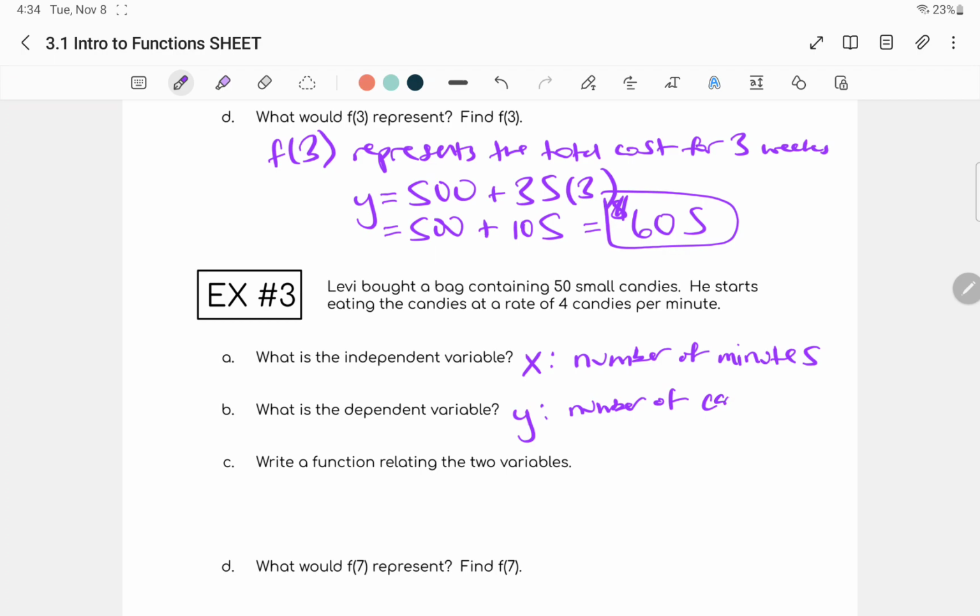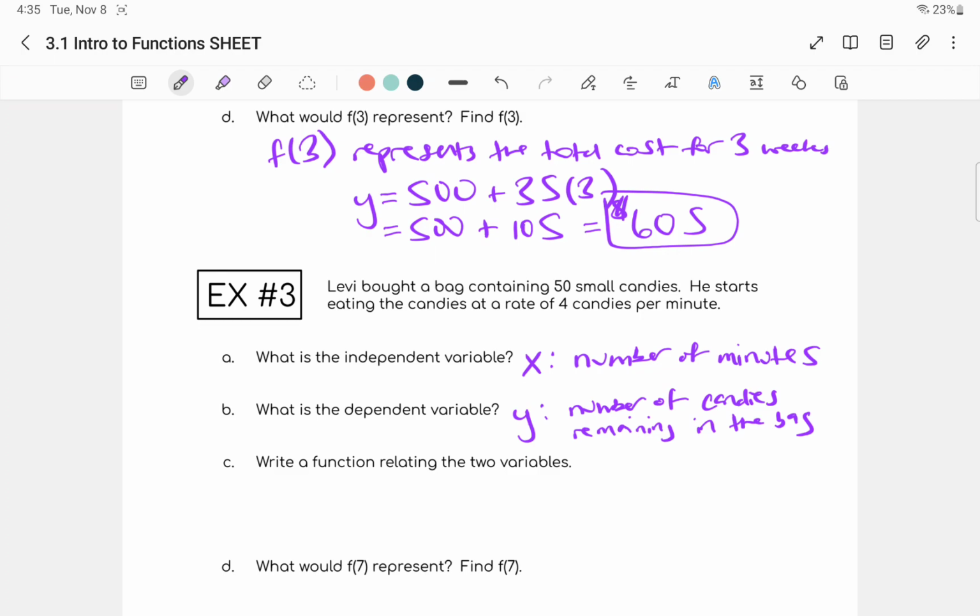And let's be a little bit more specific, it should be number of candies remaining in his bag. Remaining in the bag. So you have to just kind of think about it. If he bought the bag, he has 50 and now he's eating them, right? So our variables are going to be the minutes and also how much he has left because he's eating 4 per minute.